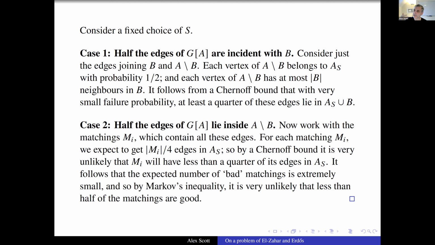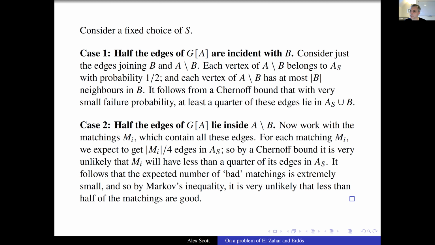Expect to have a quarter, the probability you have an eighth is very small. Again, it's just a binomial. You're very unlikely not to get an eighth of your edges inside A sub S. I apologize for the typos here. You're very unlikely to have less than an eighth of your edges in AS.